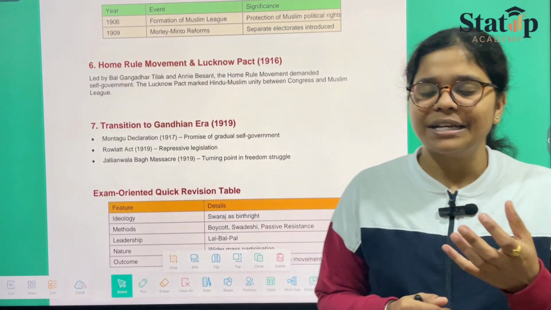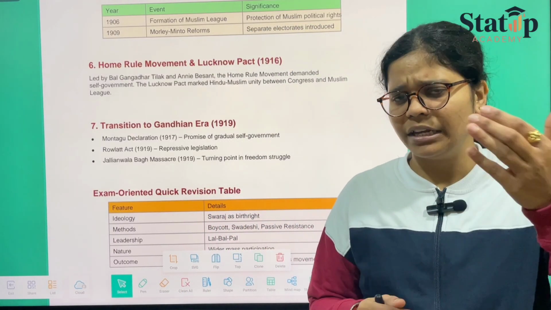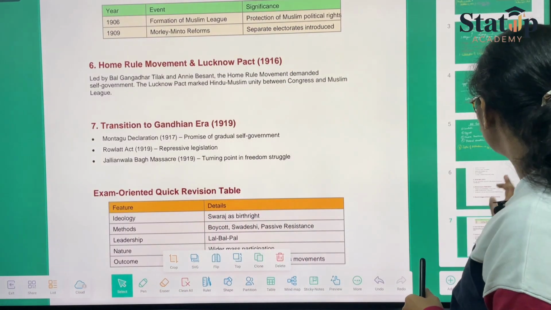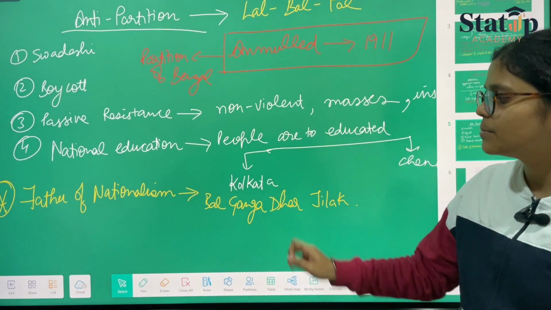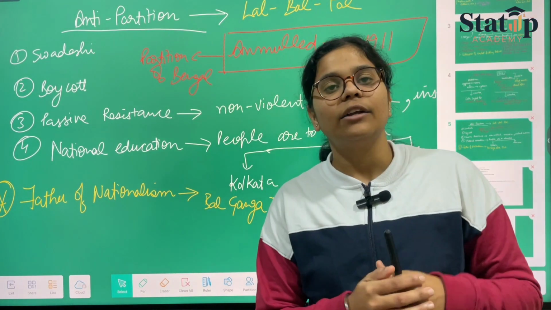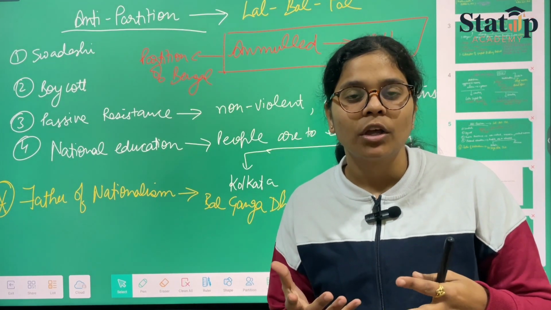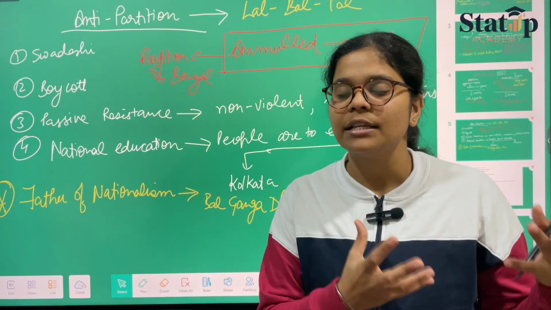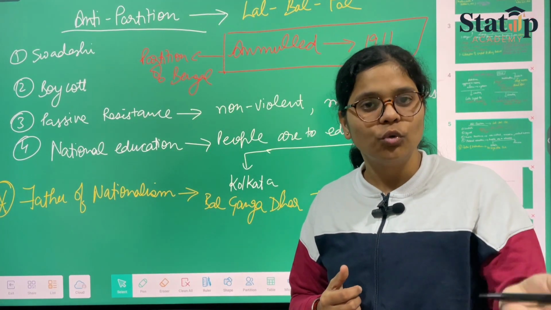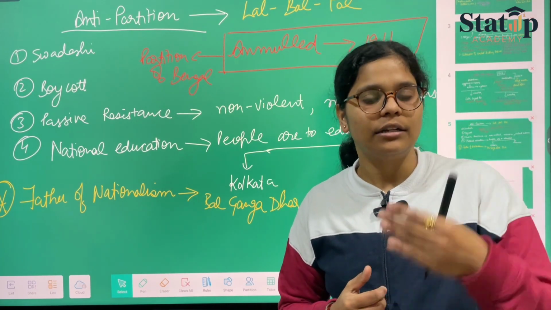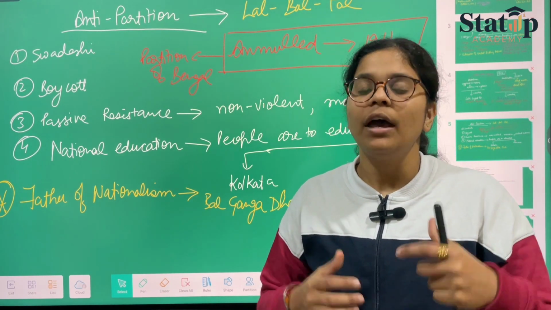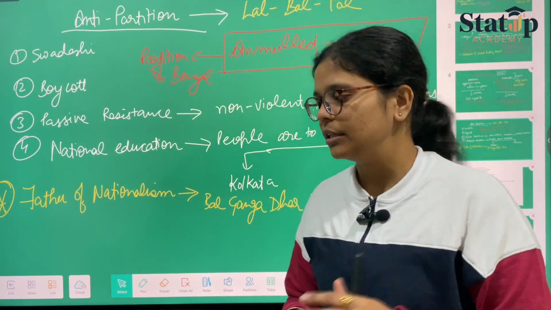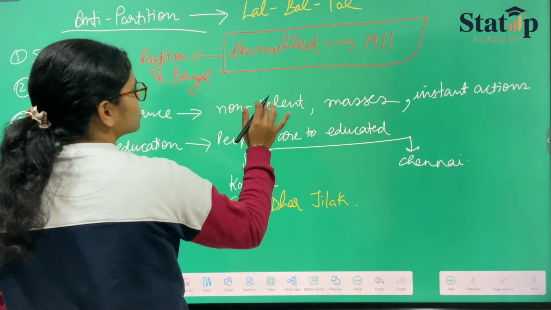There is a very important thing when I told you about the father of nationalism, Bal Gangadhar Tilak. He said that we will not be begging in the passive resistance. We will not be begging for the rights we own. You need to give us the rights that we should have, and we will not be begging for anything.